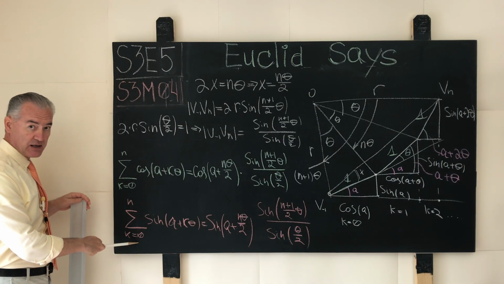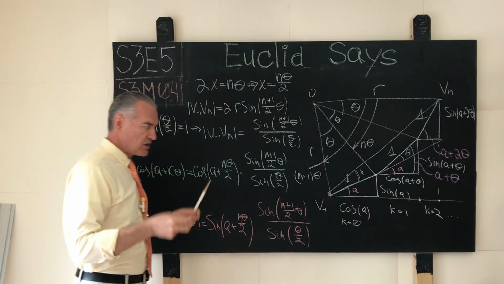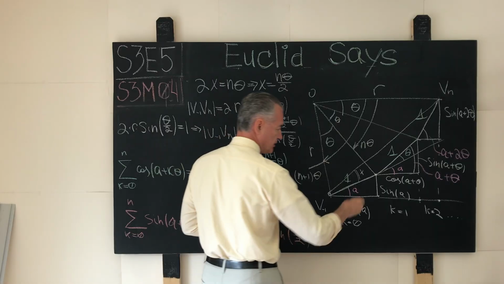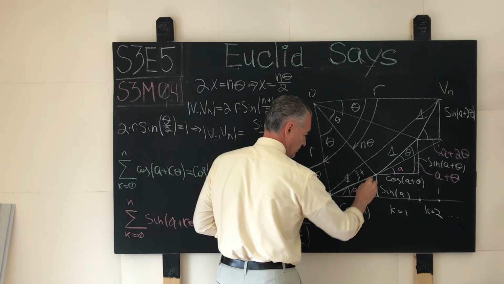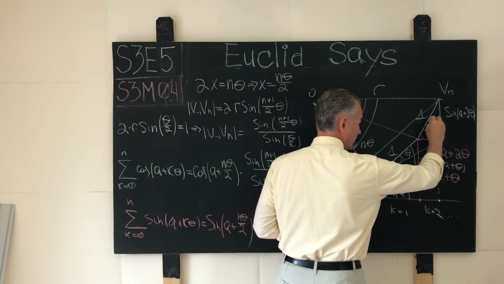Then in this case, we construct exactly the same triangles. It is these triangles here. See this triangle, and this triangle, and this triangle.